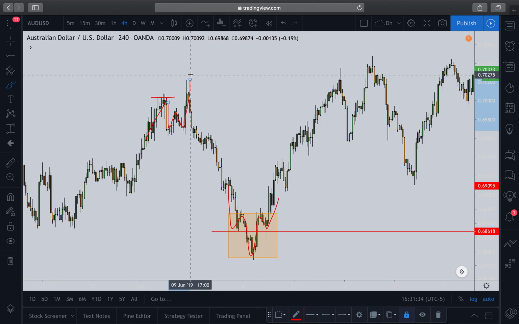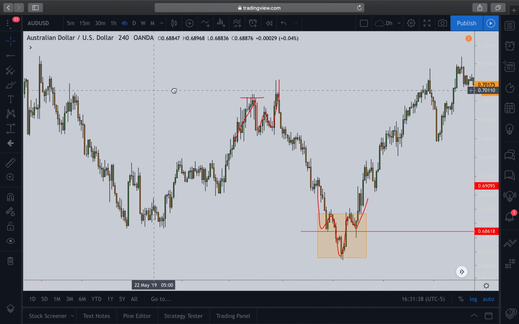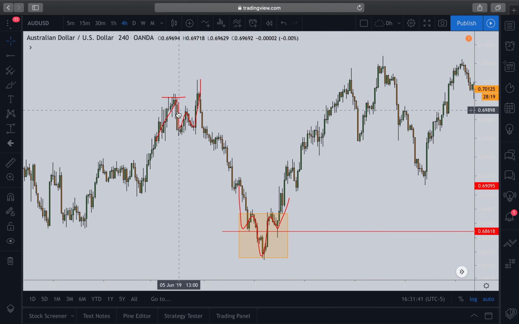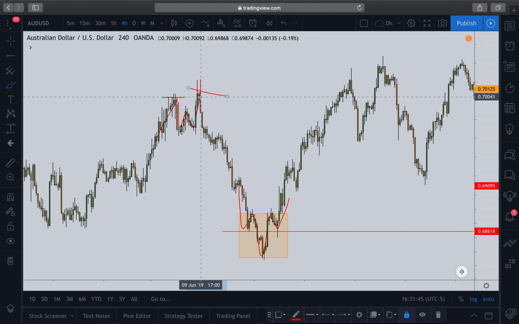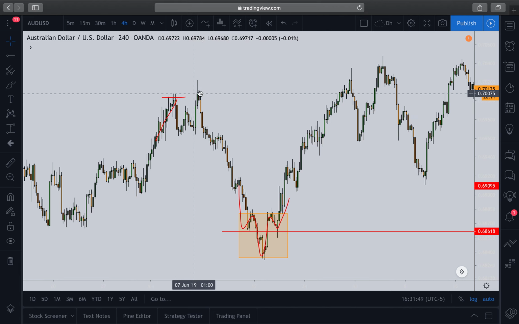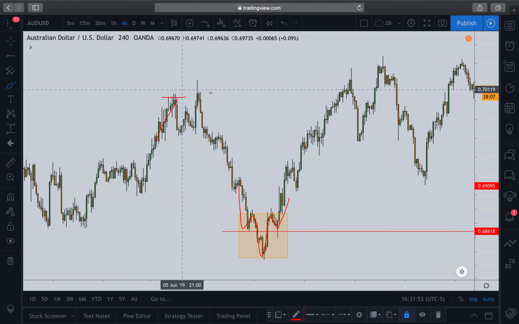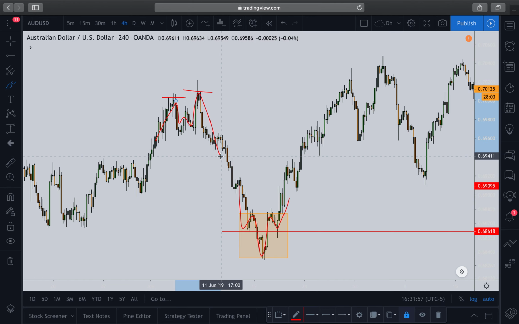So a lot of buyers were probably in this thinking, hey, we're good, especially if you look at this prior to price moving up. But eventually it stalled out. It actually failed to break higher than the previous high, right? Like I said, forming a double bottom, failed to break that high, but then dropped.